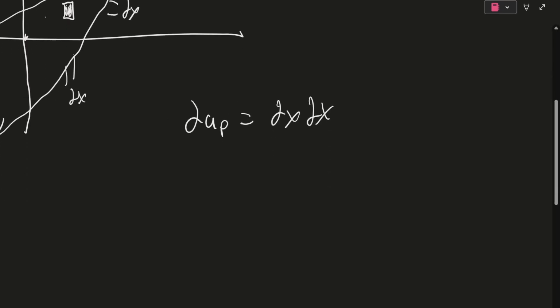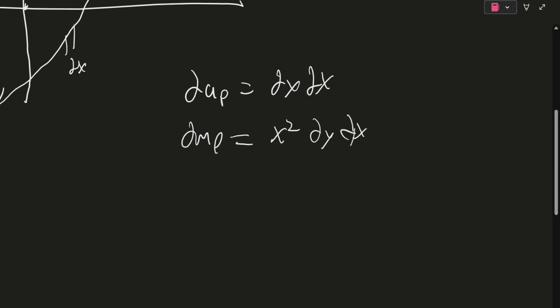And then our dm of a point is going to be x squared dy dx.